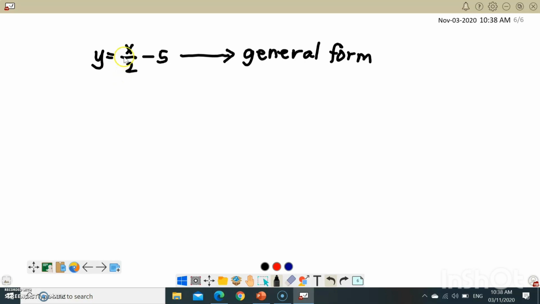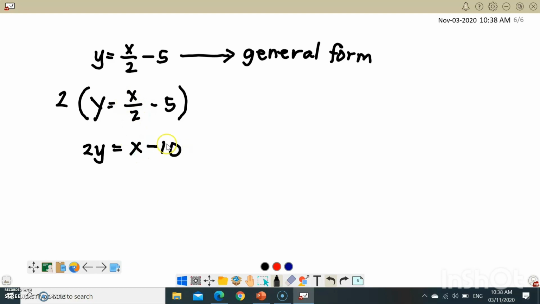Now we are going to change the equation into general form. We take the given y = x/2 - 5. To eradicate the denominator 2, we need to multiply the whole equation by 2. So 2 times y is 2y, equal to 2 multiplied by x/2, which is x, minus 10.